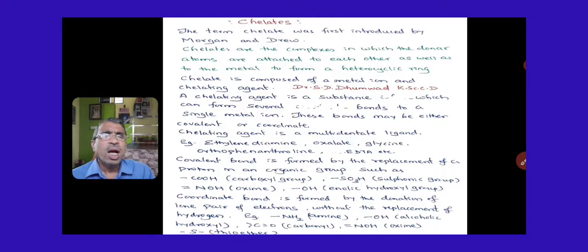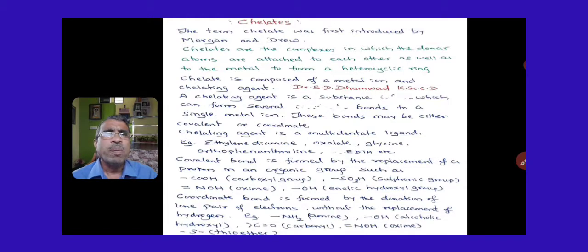Now coming to another term known as the chelates. The term chelate was first introduced by Morgan and Drew. Chelates are the complexes in which the donor atoms are attached to each other as well as to the metal to form a heterocyclic ring.